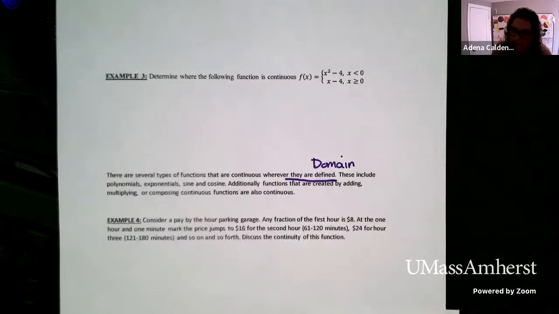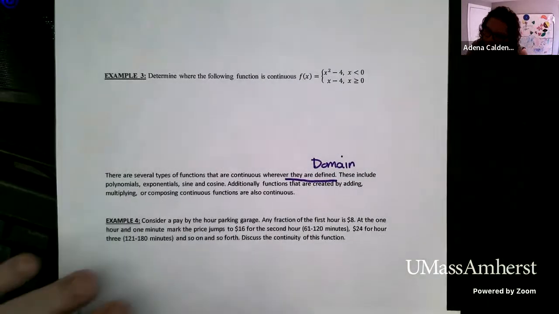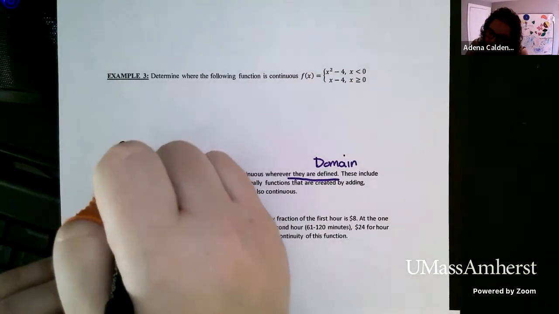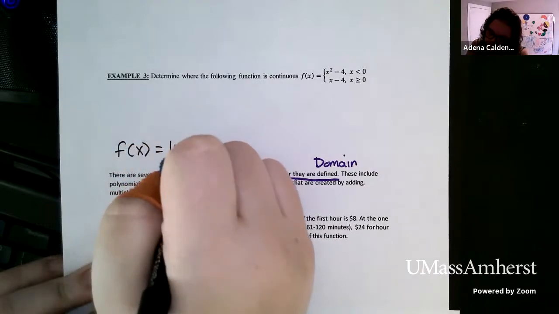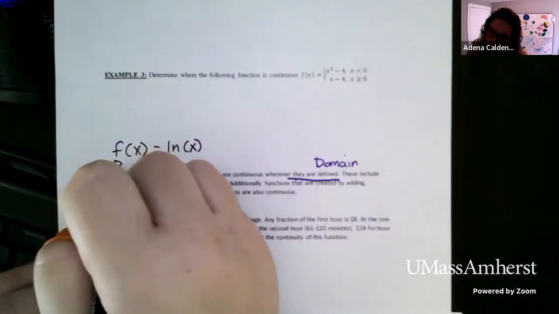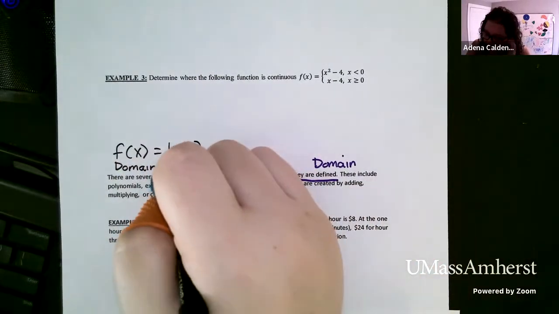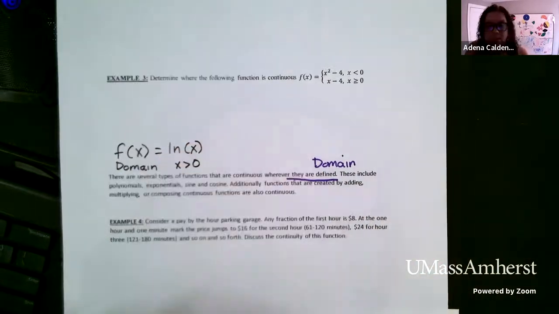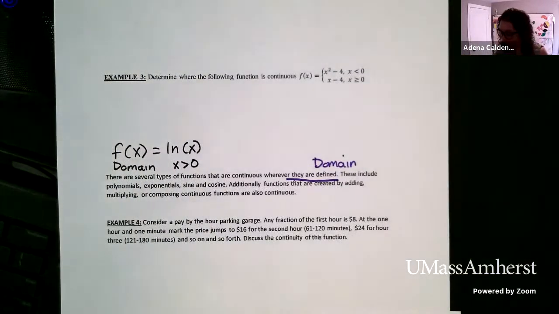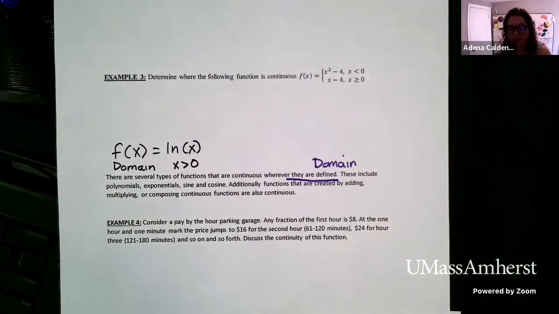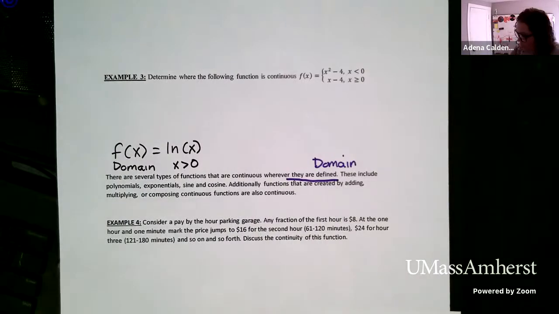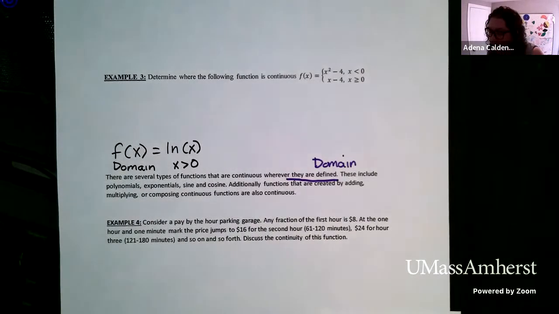So let's take the example of the natural log of x, okay? So the domain for the natural log of x is that x has to be positive, okay? The natural log does not exist for negative numbers or 0, so the domain is x is greater than 0.